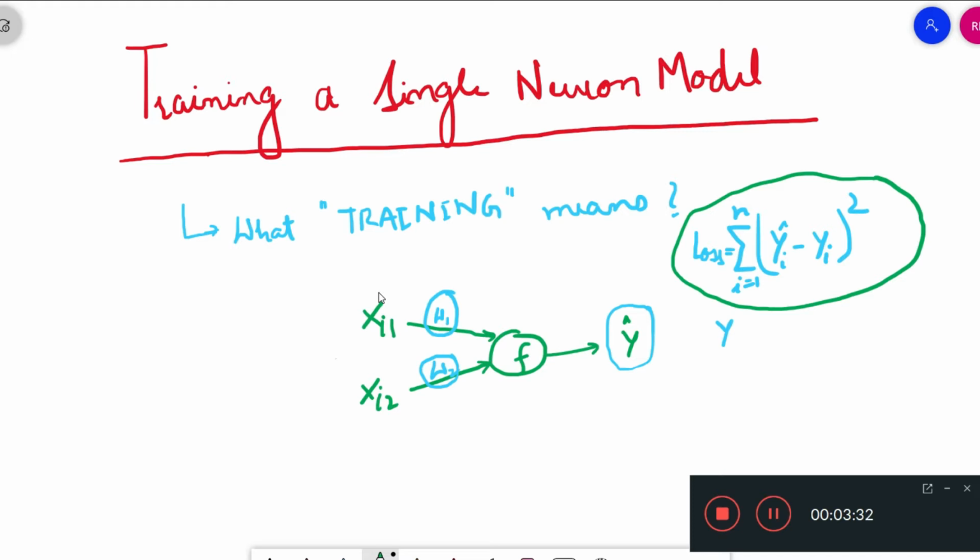And to keep things simple, we'll be choosing the linear regression algorithm, because the loss function of linear regression is very simple, and that is why for giving an example of how a single neuron model works, we'll be taking the linear regression model and implementing it using a single neuron model.